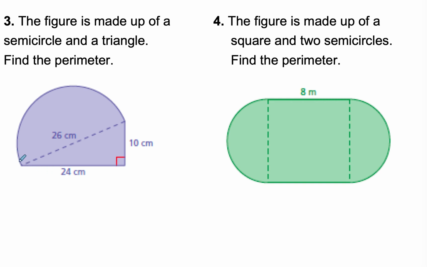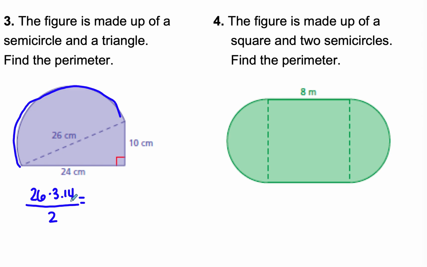All right, let's go ahead and check our answers. So I'm going to start with the curved part of the semicircle. To do that, I'm going to do 26 times 3.14. That's the circumference if it was one whole circle. And then I'm going to divide by 2.